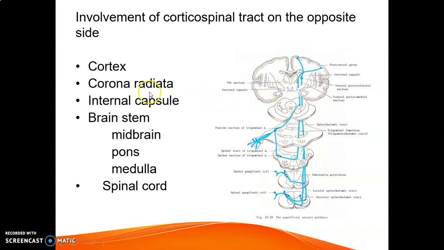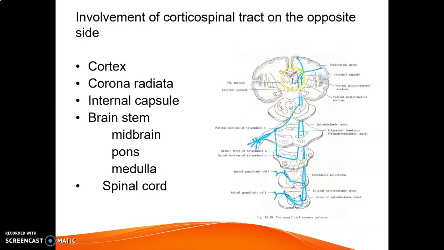That is part of the descending system, that is the motor system. From the cortex, in different areas you have the descending system. So you have the corona radiata, then the internal capsule, then where the decussation happens, and then it descends as the descending motor tracts. Also, you have the brainstem after the cortex.